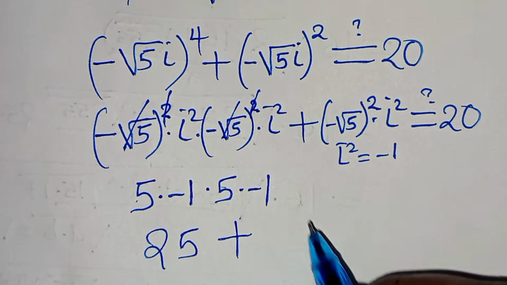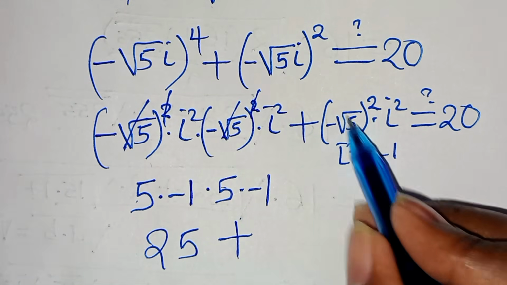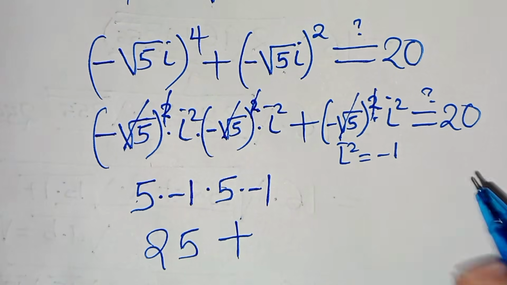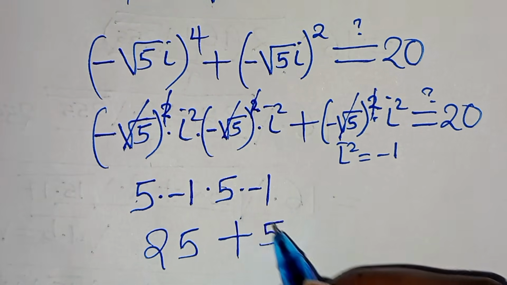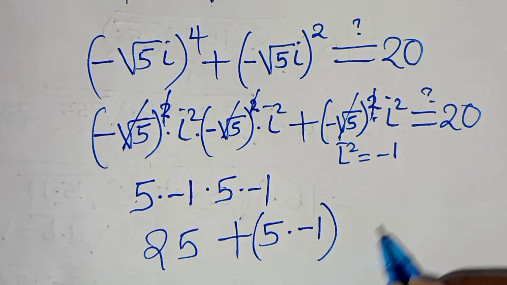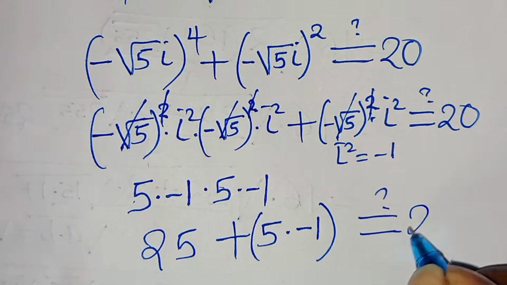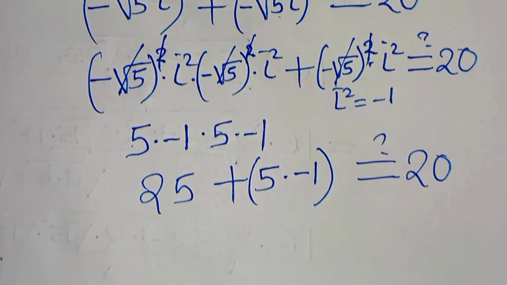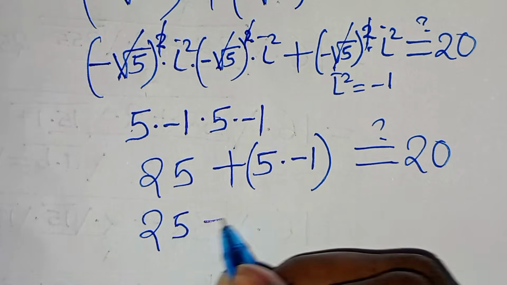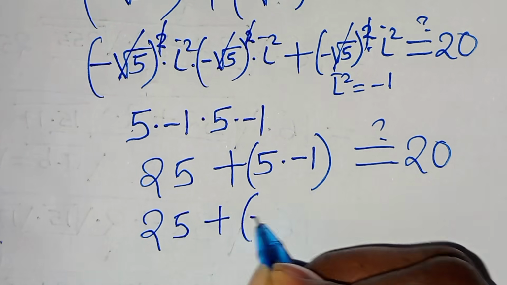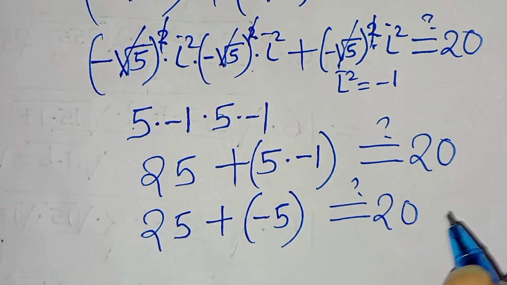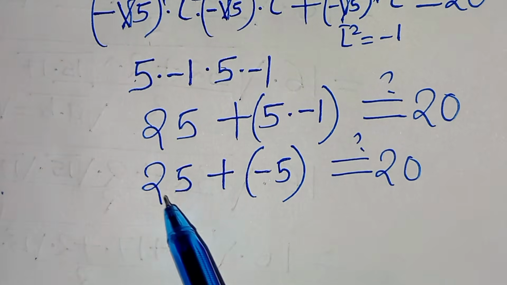Then plus, here we have minus square root of 5 to the power of 2. This means we eliminate the square root sign, so this is 5 times i squared, which is minus 1. This is supposed to give us a value of 20. So we have 25 plus 5 times minus 1, which is minus 5.